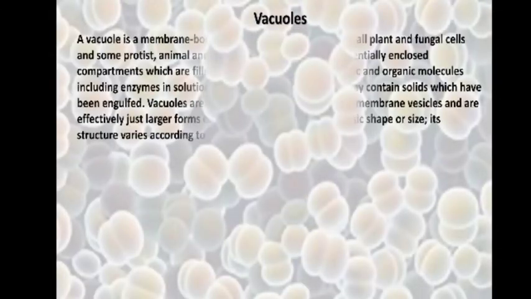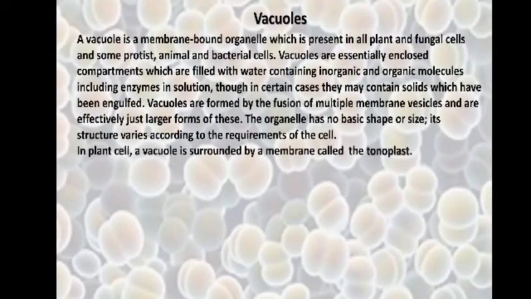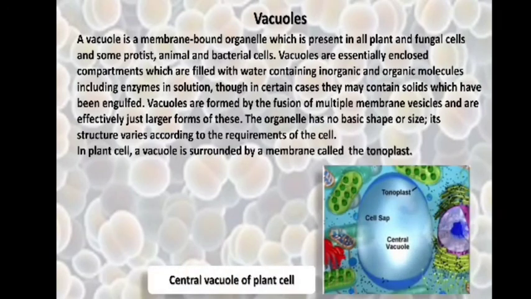At the last, we will discuss a vacuole. A vacuole is a membrane-bound organelle which is present in all plant and fungal cells and in some animal cells also. Vacuoles are essentially enclosed compartments which are filled with water containing inorganic and organic molecules, including enzymes in solution.